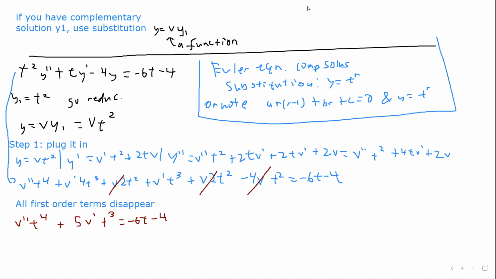So now it's time for step 2. w equals v prime. w prime equals v double prime. And this becomes w prime t to the 4th plus 5, let me just reorder this bit, t to the 4th w prime plus 5t cubed w equals negative 6t minus 4.